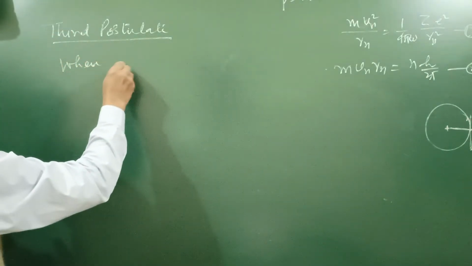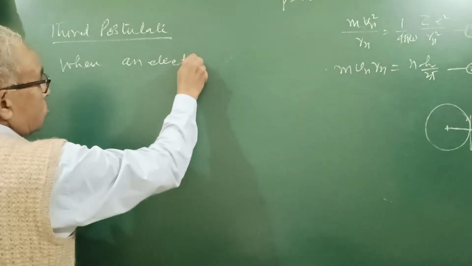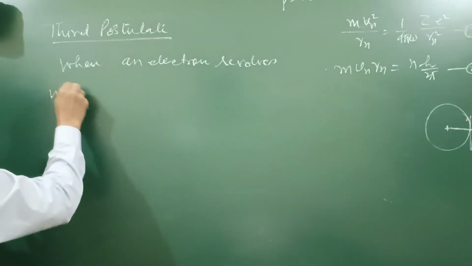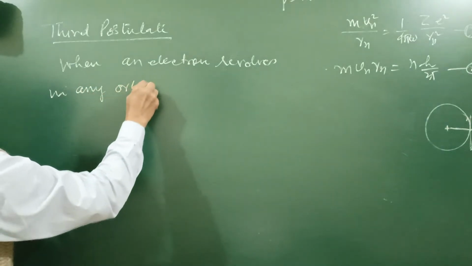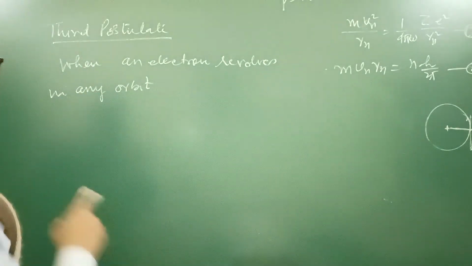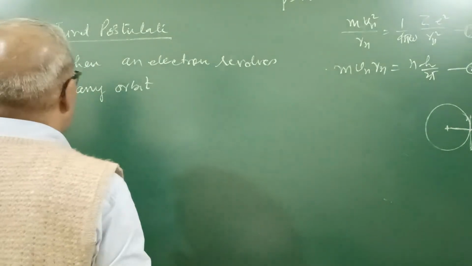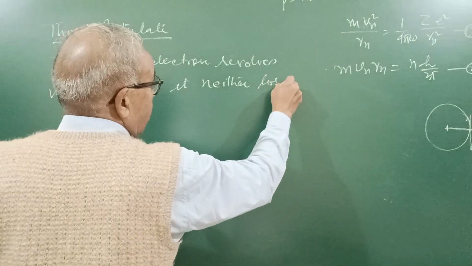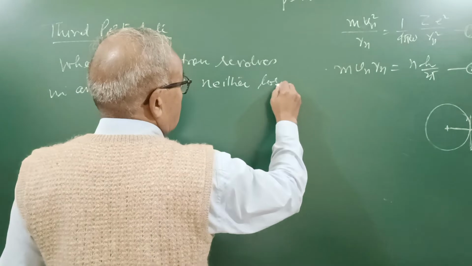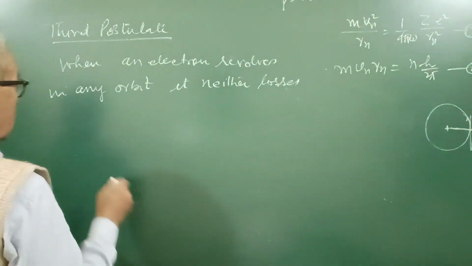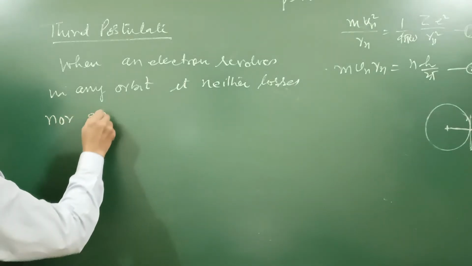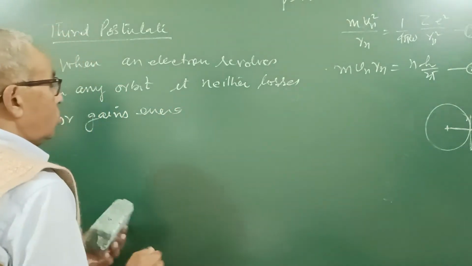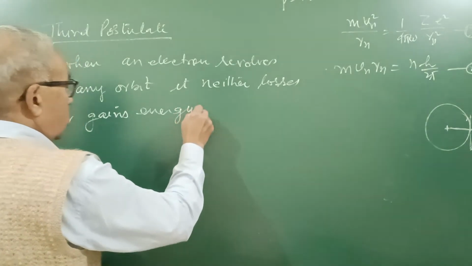When an electron revolves in any orbit, though its motion is accelerated, it neither loses nor gains energy.